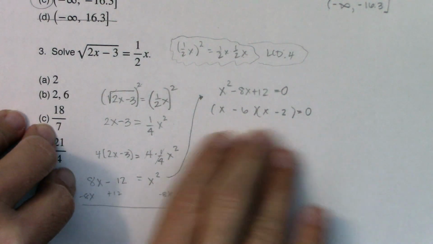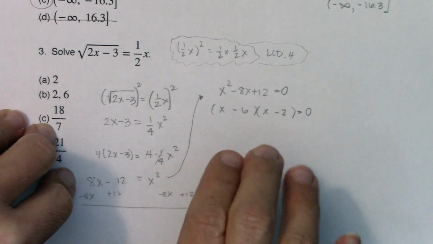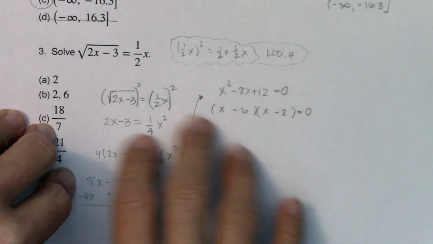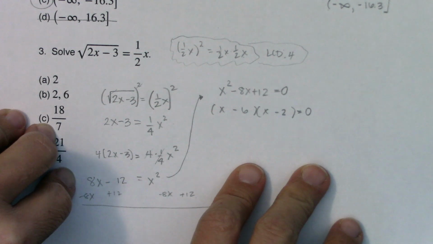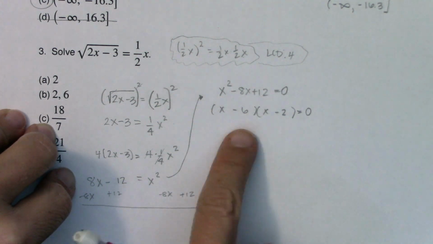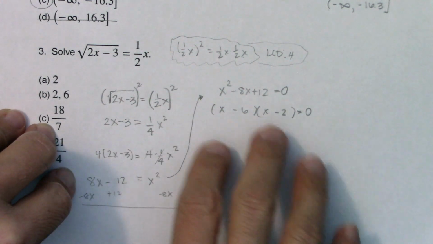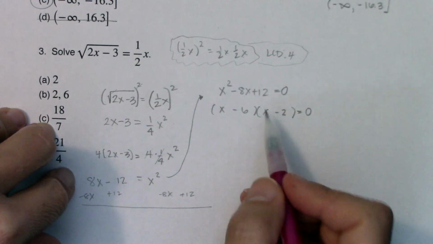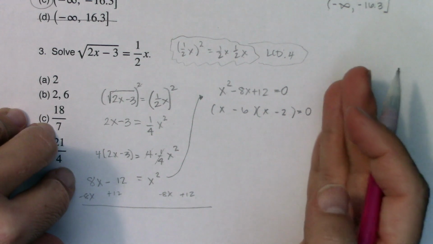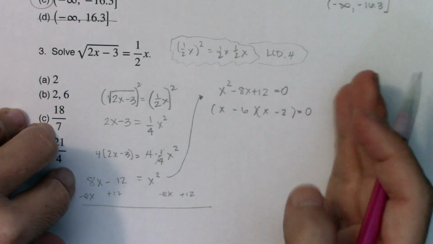If you can see that through factoring, great. And if not, use the quadratic formula. The quadratic formula will always get you to an answer. It just takes a little bit longer. Factoring, not everything factors, but if it does factor, it goes faster. So that's the trade-off. Factoring can be faster, but doesn't always work. The quadratic formula takes a little bit longer, but always works.